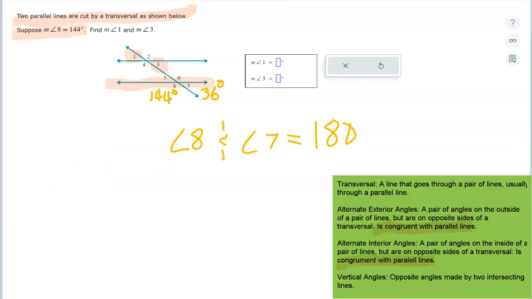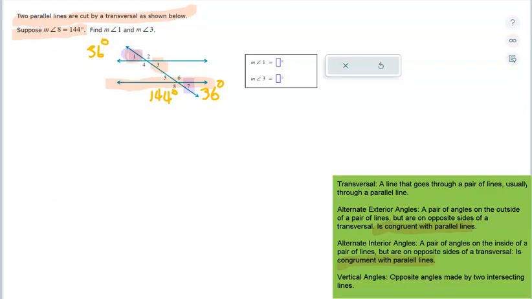So I'm going to erase this work here. And I'm going to realize that angle 7 is an alternate exterior angle with angle 1. And since these are parallel lines, that means that they're congruent. So angle 1 is also 36 degrees. Okay, so I figured out angle 1 is 36. So what about angle 3?